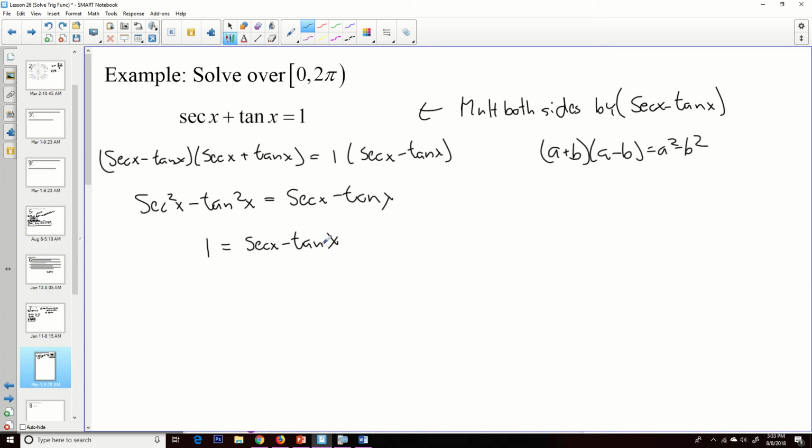And these two things are equal to each other. Since secant plus tangent is equal to 1, and secant minus tangent is also equal to 1, they must be equal to each other.